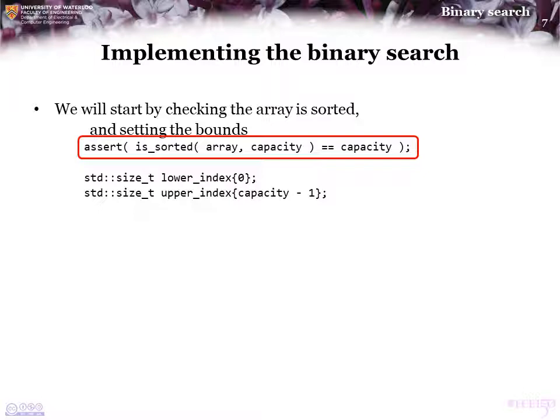Now why are we doing this? Well, first of all, we want to make sure that at least while we're testing our binary search, we're testing it on an array that is actually sorted. Otherwise, we're going to run into trouble.